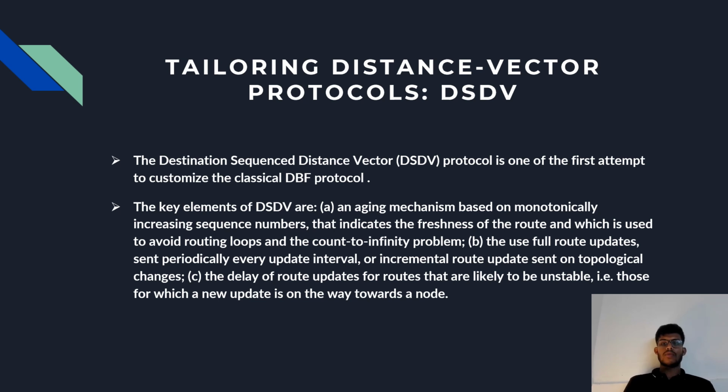B. The use of full route updates sent periodically, every update interval, or incremental route updates sent on topological changes. C. The delay of route updates for routes that are likely to be unstable, that is, those for which a new update is on the way towards a node.